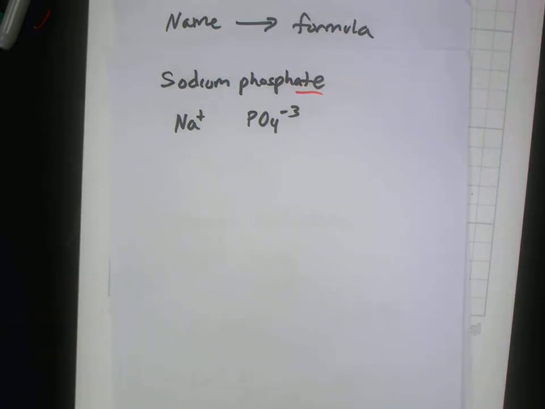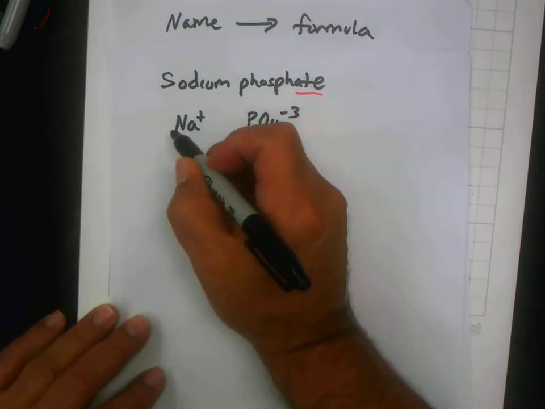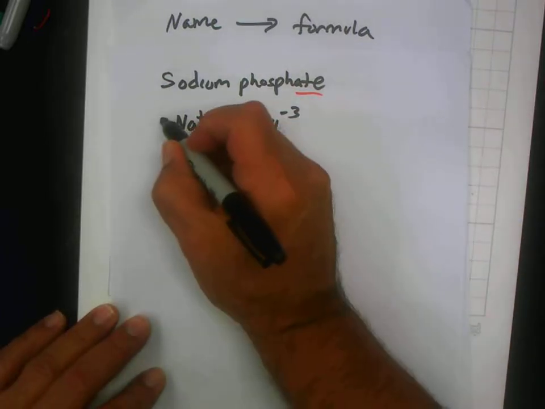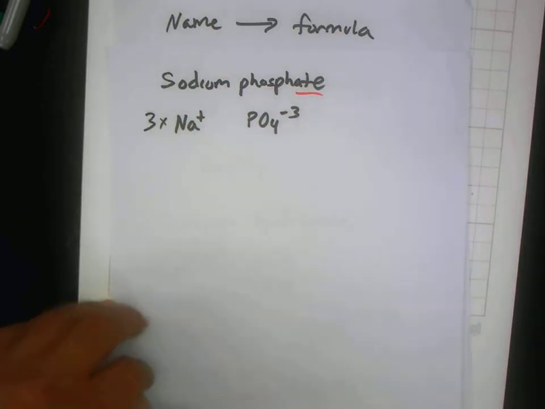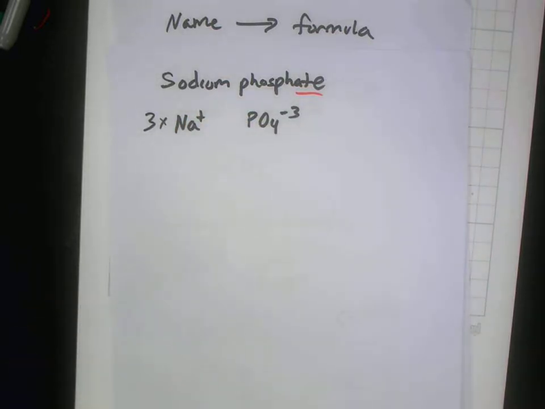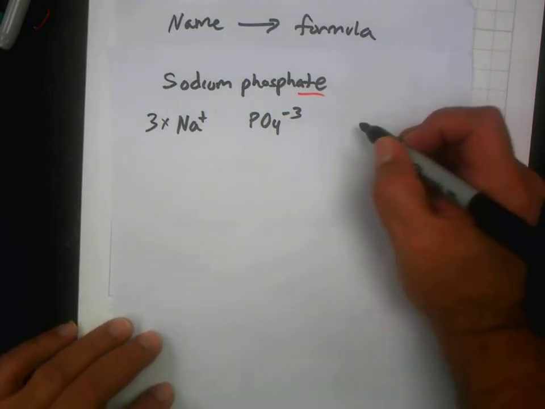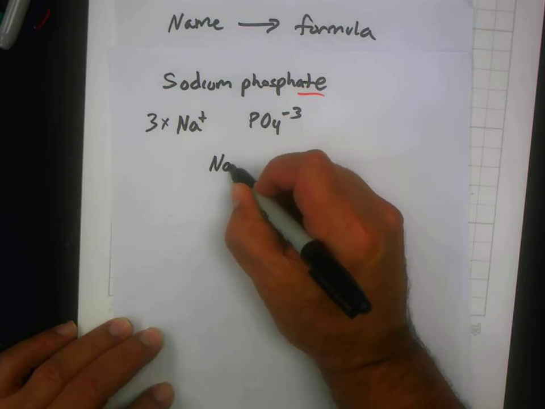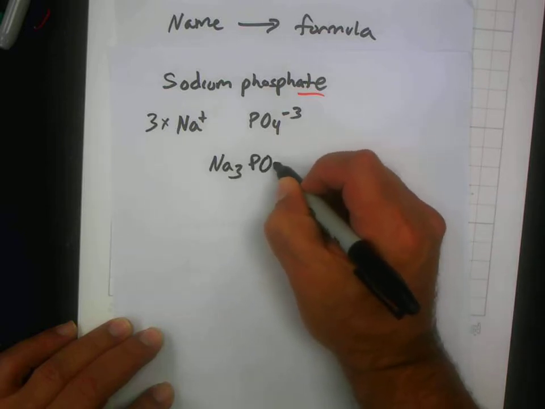Now in this case, the positives and the negatives don't balance out again, right? We got 3 negatives, but 1 positive. So we're going to need 3 of these guys. We're going to need 3 sodiums, 3 plus 1s, to balance out the negative 3, right? So we're going to write this formula as Na3PO4. Okay.